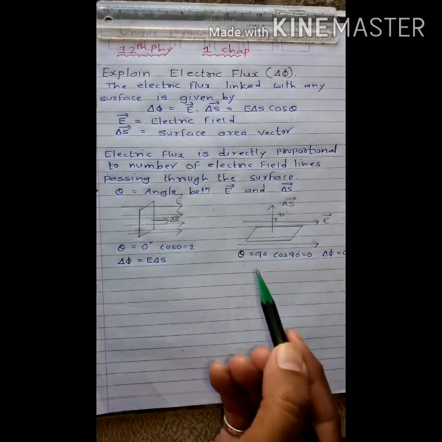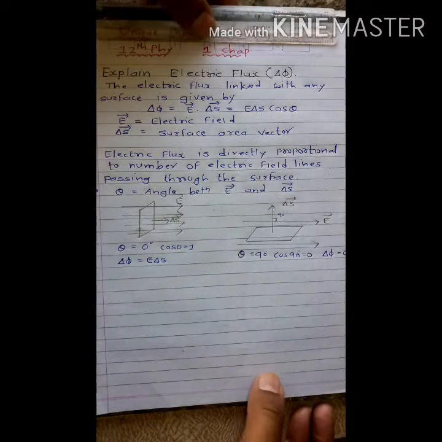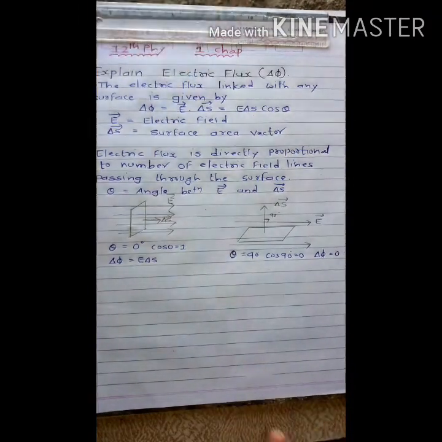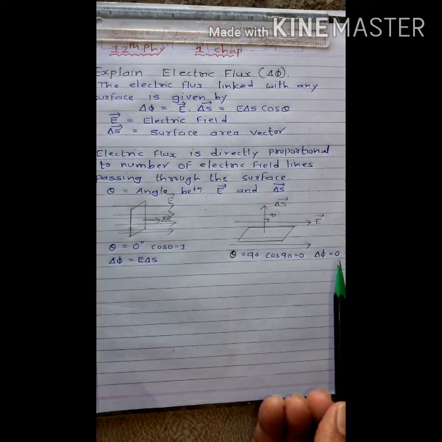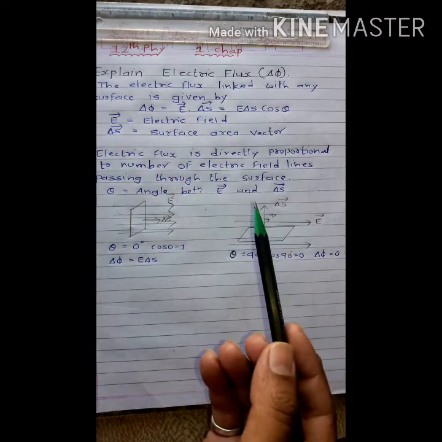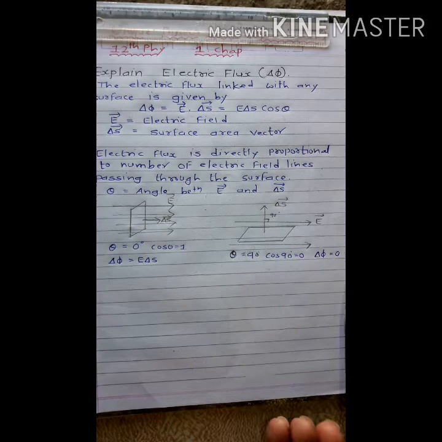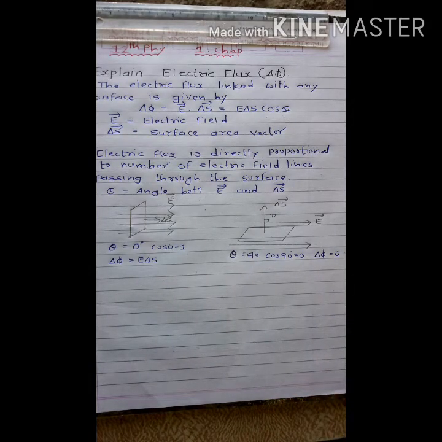So here theta is equal to 90 degrees, we have the cos function, so cos 90 degrees is equal to 0. So delta phi, the electric flux linked with this surface, is 0, and according to this statement, the number of field lines passing through this surface is also equal to 0. So the flux linked with the surface is also equal to 0.